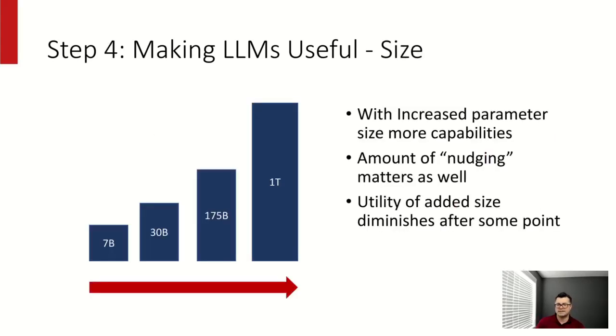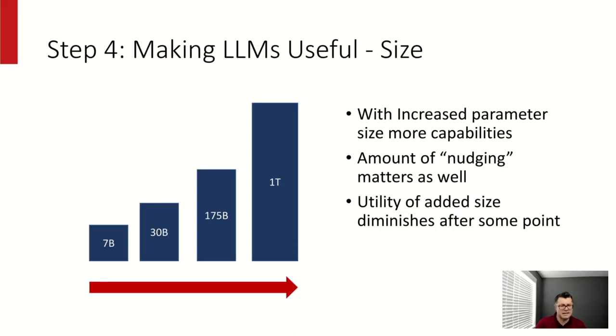So step 4 in making large language models useful is, well, we've talked about tuning and all of that, but really one thing that has sort of come to light is that these models tend to get better as the number of parameters increases. And that has skyrocketed. GPT-4 is around 1 trillion parameters. That's enormous.